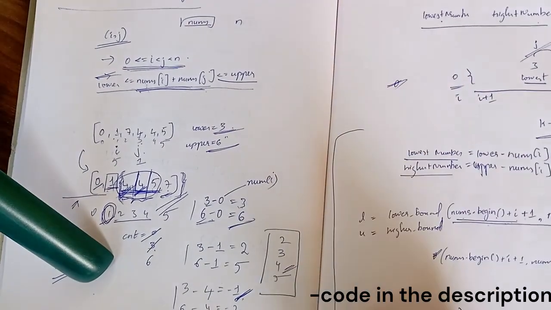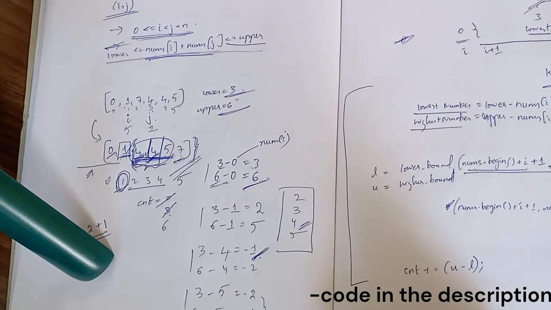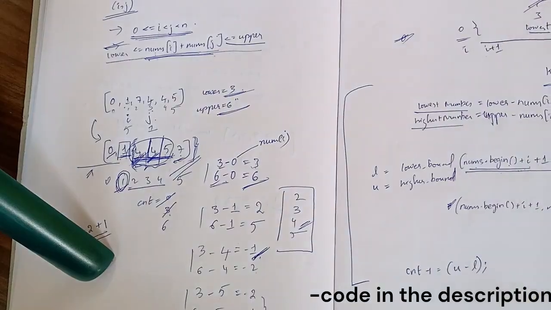So after iterating this, we return our count. This is how you approach this problem. Thank you.